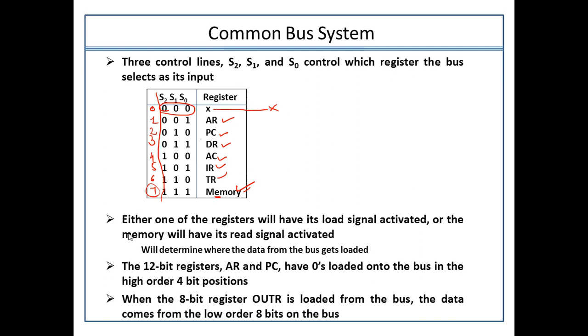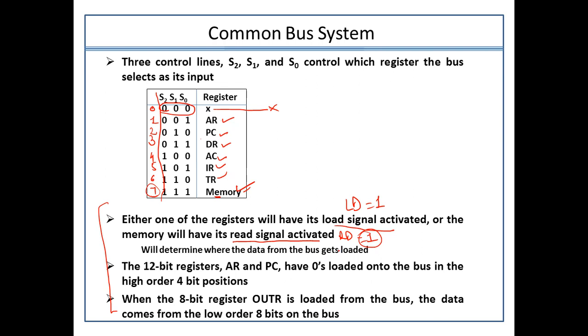You can also read these points for your clarification. As I've already explained from the diagram itself, either one of the registers will have its load signal activated, or the memory will have its read signal activated. So the memory whose read signal is equal to 1 will be able to receive the data.